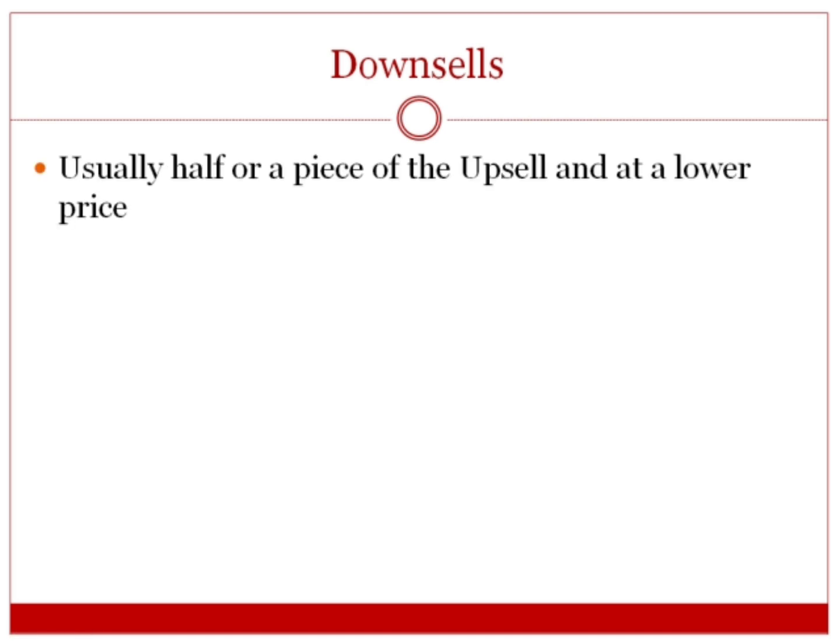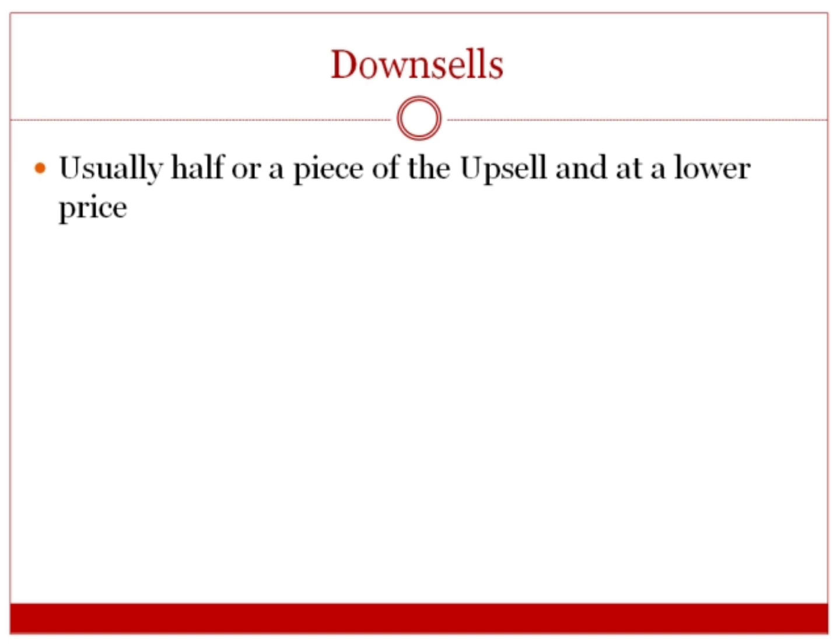So usually half or a piece of the upsell. So a downsell is basically half or something lower than the upsell. So in this case, if I offer a one-time offer of a graphic design software for the upsell, the downsell, I could offer that software, but maybe it doesn't have as many features and so forth.